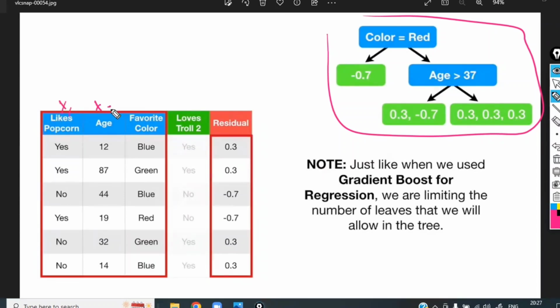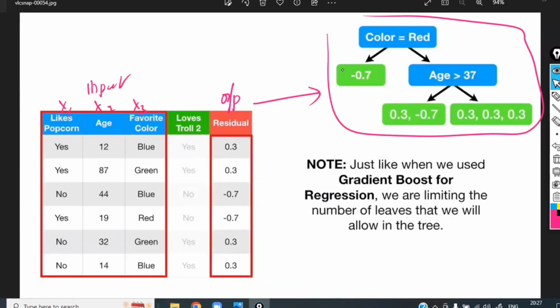X1, X2, X3, these three are considered as input, and residual is considered as the output. Create the decision tree 1 using this. How was the decision tree created? By using the Gini value, same to same.